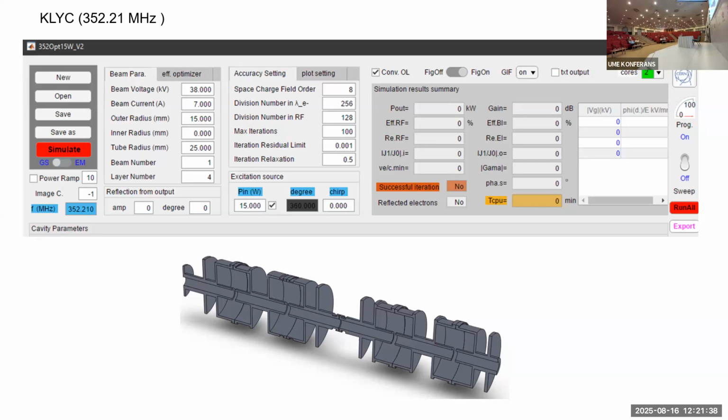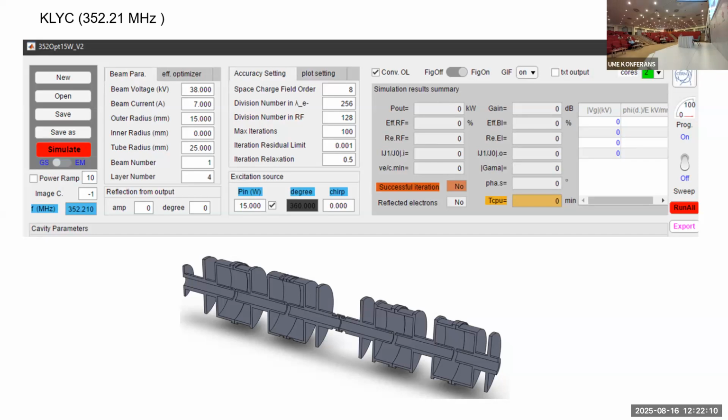These were the engineering drawings of this Klystron. Our target is about 85 kilowatts, but according to the Klystron, it operates at about 150.